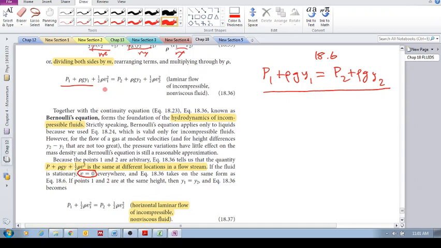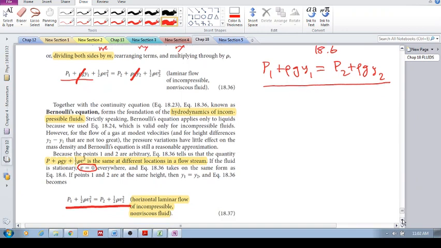Another situation is, what if the flow is at the same height between points 1 and 2? Then these two are the same. They will just cancel out, and we'll be left with P1 plus the dynamic components. Does that make sense?